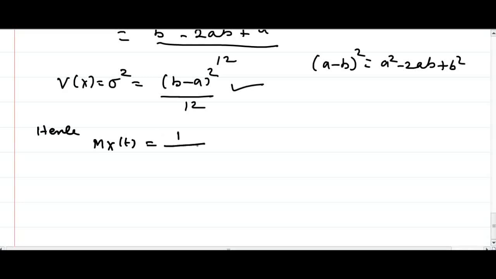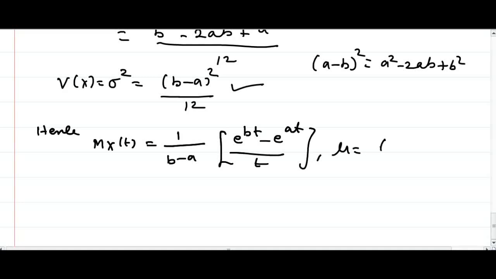That is 1 by (b minus a) into (e power bt minus e power at) by t. What is the mean value? Mean is mu, equal to (a plus b) by 2. What is the variance value? That is sigma square equal to (b minus a) whole square by 12.